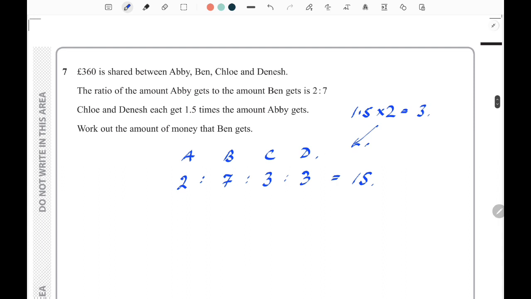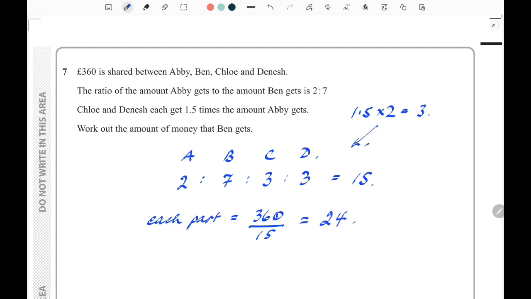15 parts. So we want to find out how much each part is worth. So each part equals 360 divided by 15, and that effectively is 24.